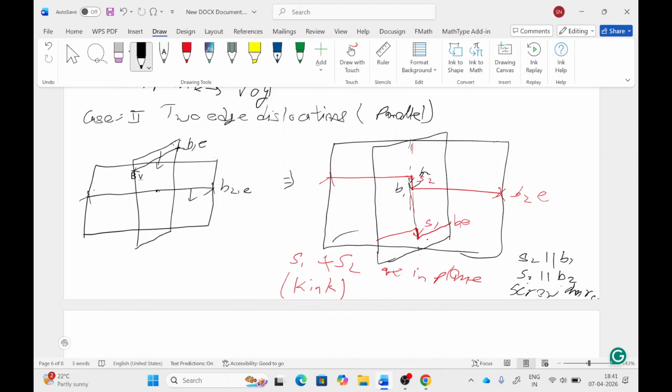Similarly for S1, the Burgers vector is in this direction. So S1 will be parallel to B2, and it is also parallel to B1. So both S1 and S2 extra lines are kinks of screw character.